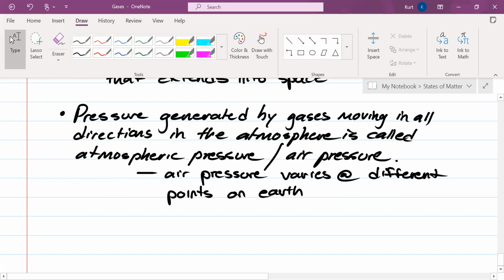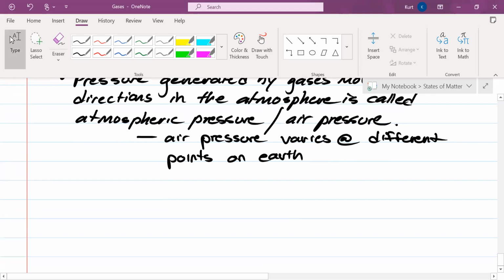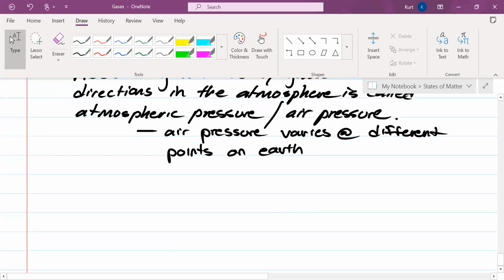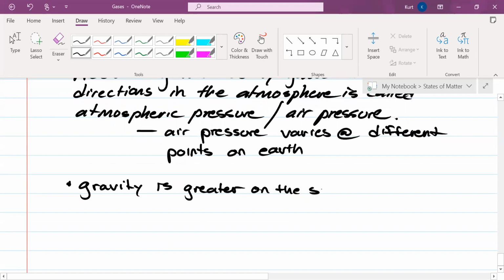Well, here's why at Pikes Peak, or if you go to Denver, Colorado, or you go to Quito in Ecuador, the air is so thin up there. Gravity is greater on the surface, at sea level.